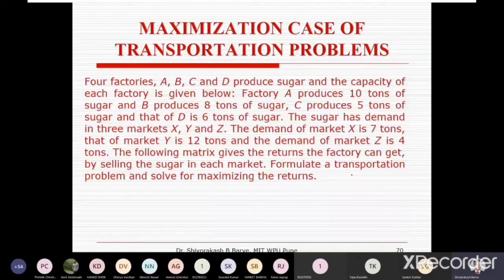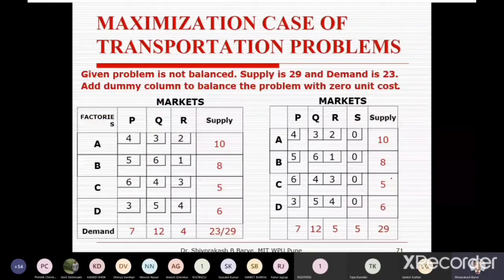The sugar has demand in 3 markets X, Y and Z. The demand of market X is 7 tons, Y is 12 tons, and Z is 4 tons. The following matrix gives the returns the factory can get by selling the sugar in each market. Formulate the transportation problem and solve to maximize the return. That is, we want to maximize the profit margin by using the transportation problem. So this is the given problem.